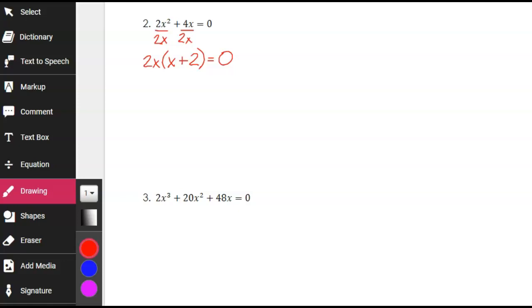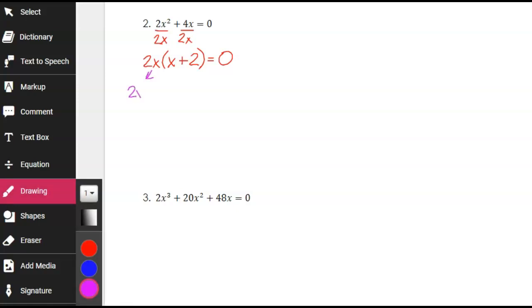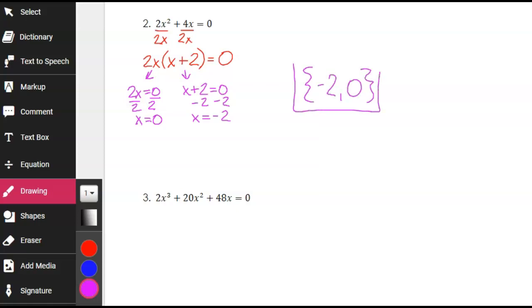So now I'm going to set each of my factors equal to 0 and solve. So either x equals 0 or x equals negative 2. These are my two answers in my solution set. Perfect.